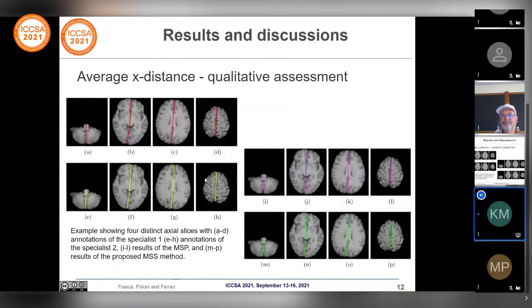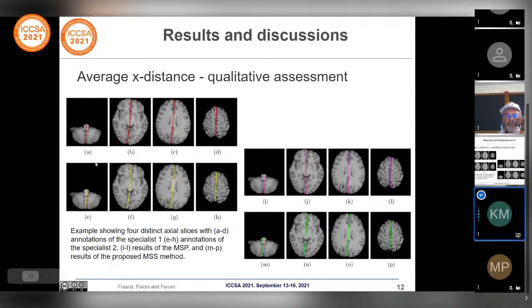Regarding the average X distance, these figures show a visual example of 4 distinct axial image slices with A to D corresponding to annotations of specialist 1, E to H annotations of the specialist 2, I to L results of the MSP, and M to P the proposed MSS method.